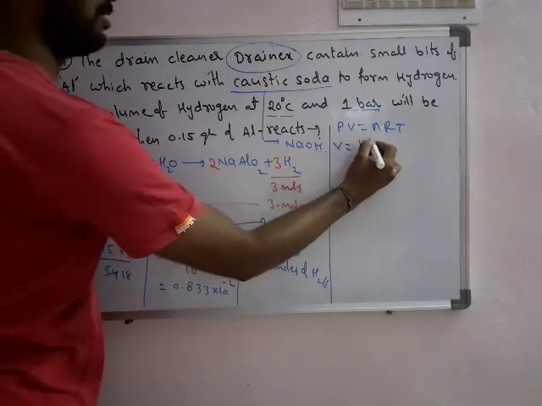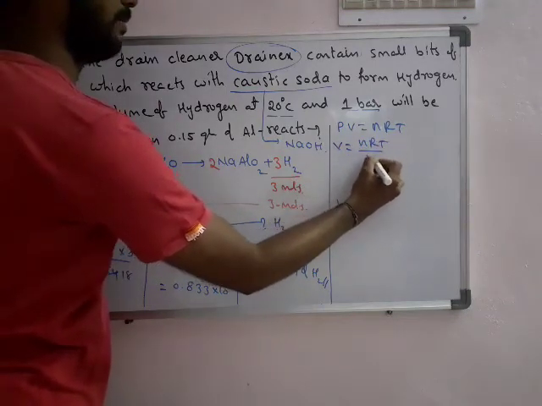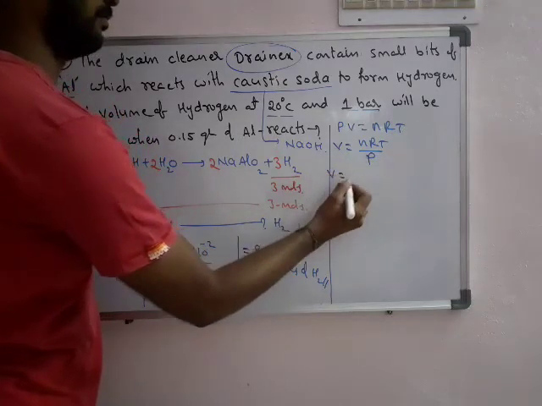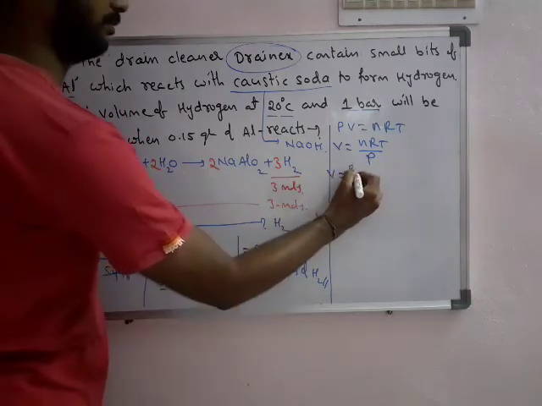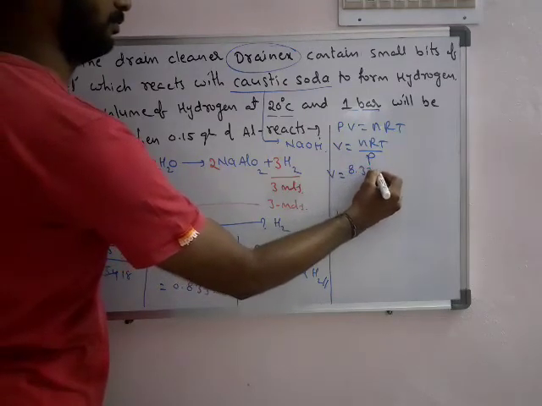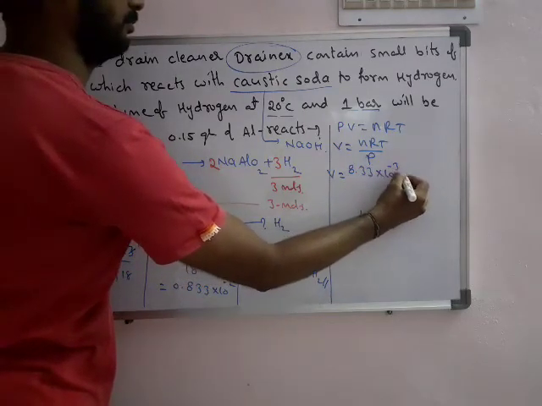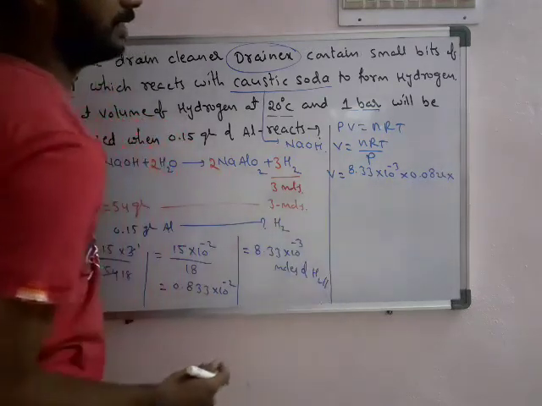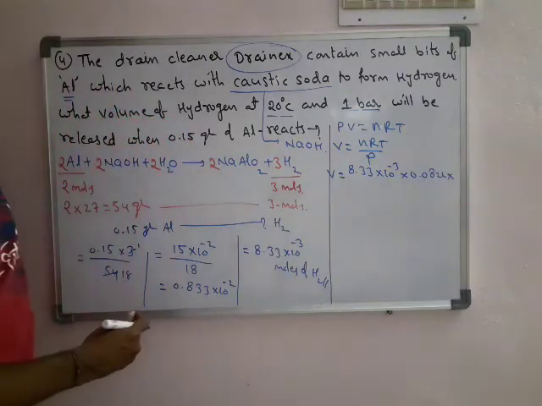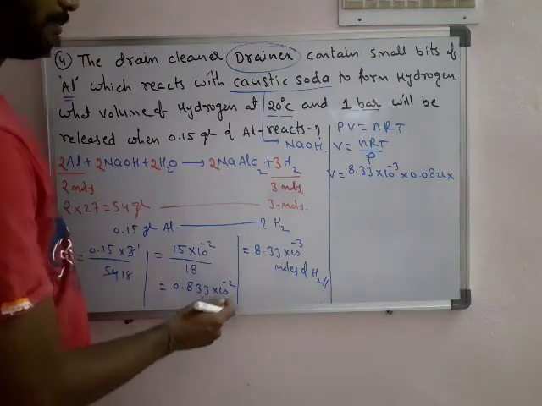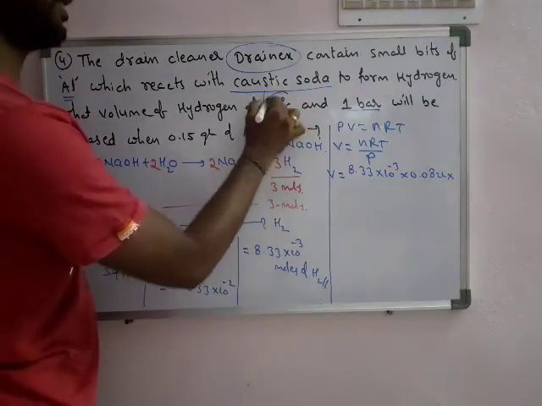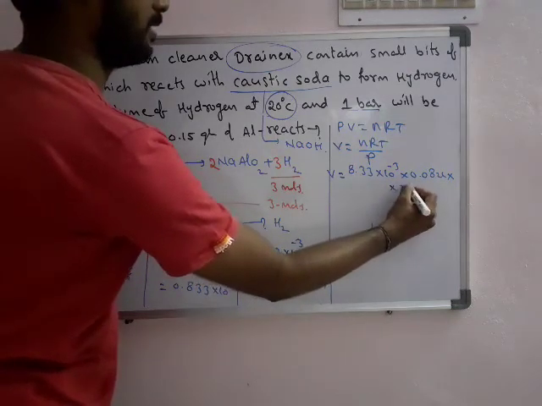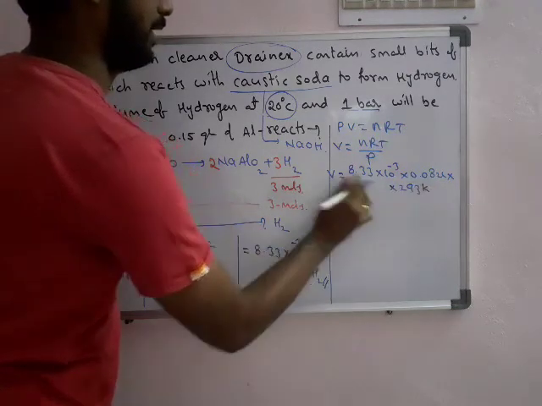So volume equals nRT by P. Now what is the number of moles? R value, how much? 0.0821 atmosphere liter per mole per Kelvin. What is the temperature? It is 20 degrees Celsius, that is 293 Kelvin.